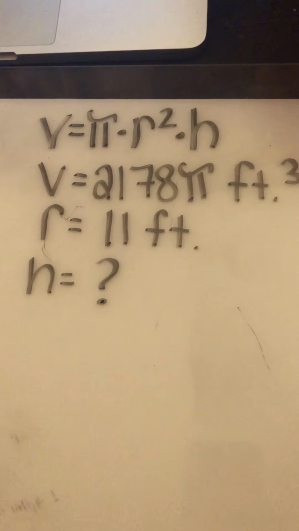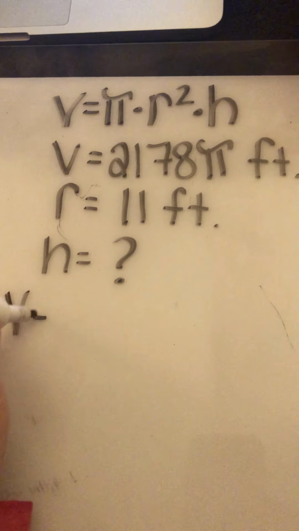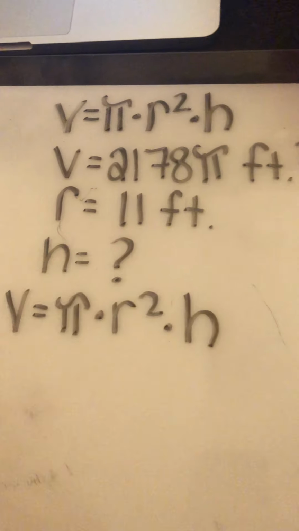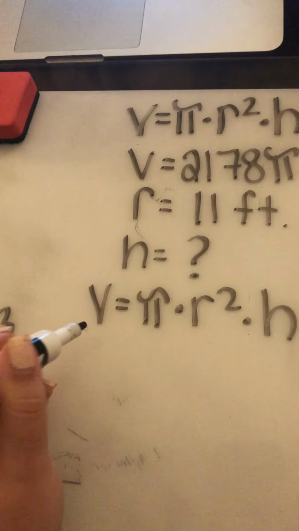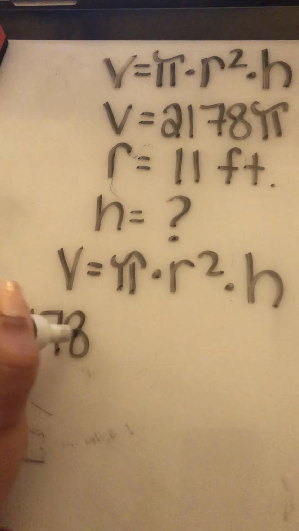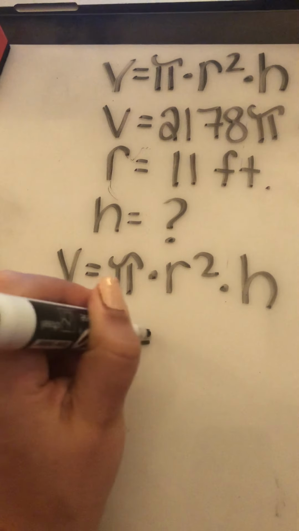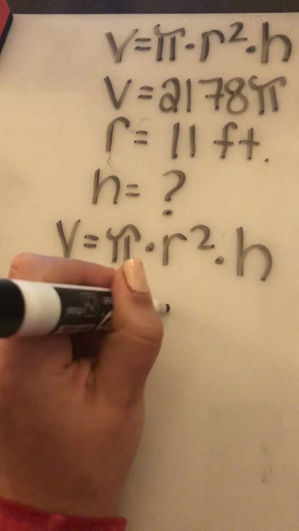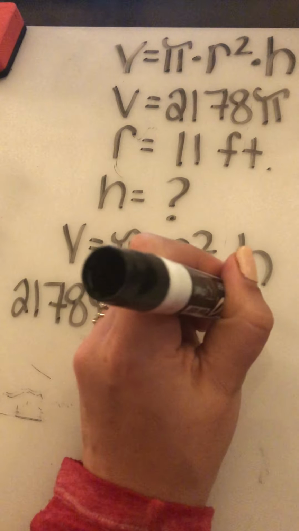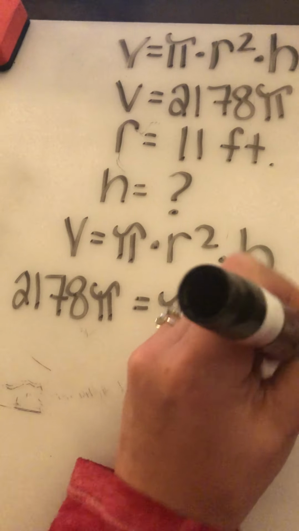That's what I'm going to look for. So let's rewrite our formula and start plugging in. Pi r squared times the height. We know volume is 2,178 pi equal to pi times, my radius is 11, so times 11 squared times the height.